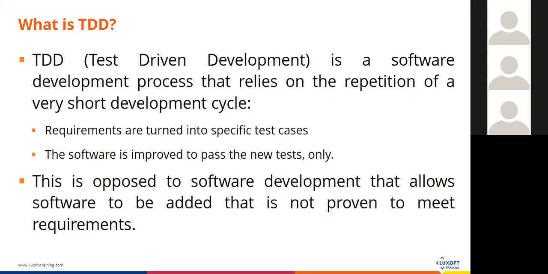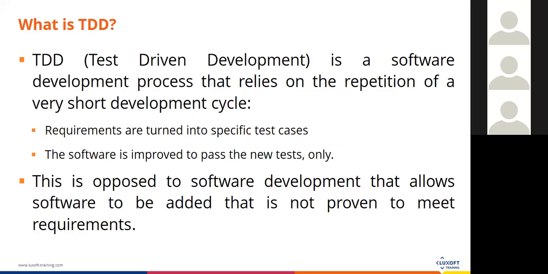It says: I would like first to see the requirements, what is expected. We turn the requirements into specific test cases. Then we improve our software in order to pass only the new tests. So we write the code that makes these newly introduced tests pass.